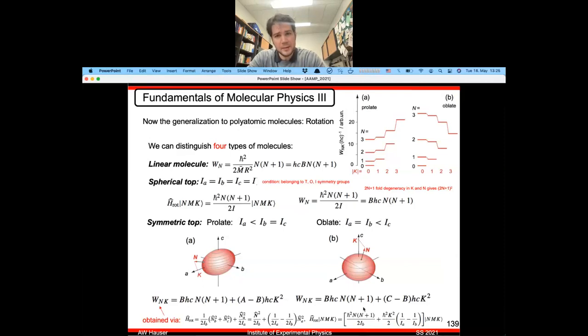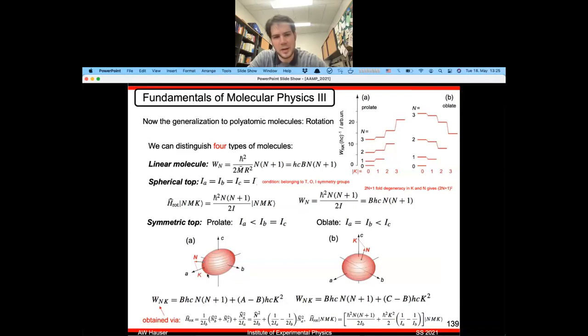So if you have a look at this diagram in the upper right corner, this is energy in some units as a function of N, my angular momentum quantum number, and K. And here you can see that we get some energy spacings in the case where K is 0.